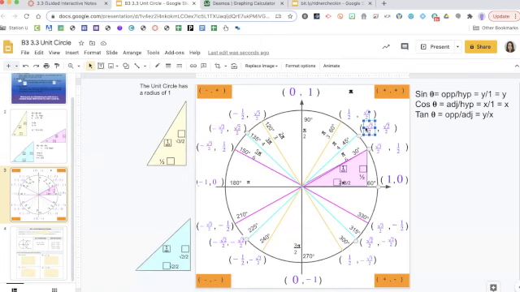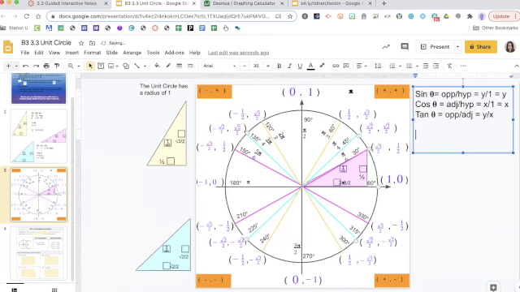So tangent here is 1. This one's easy but tricky. Y divided by x is 1 divided by 0. But remember, I can never divide by 0. So I actually say that it is undefined. Okay, so tangent of 90 degrees is undefined. Okay.